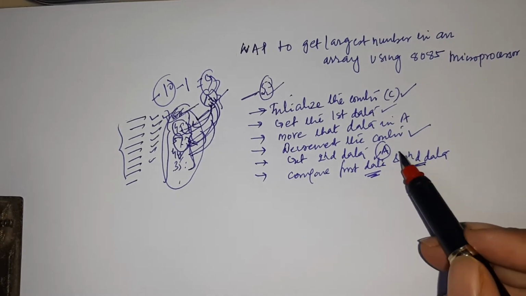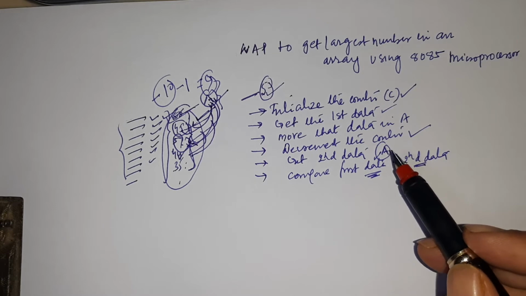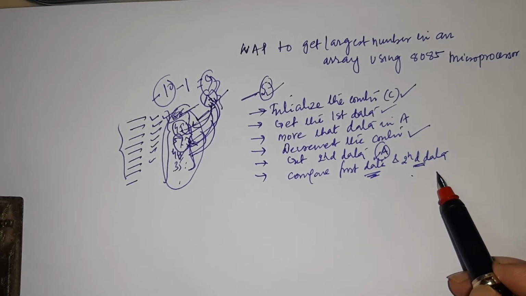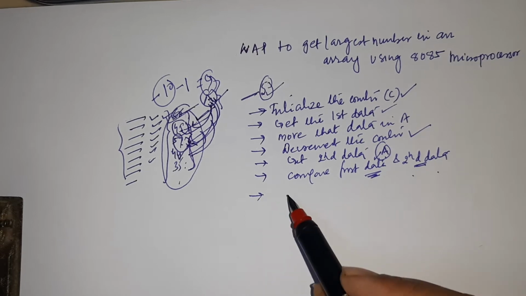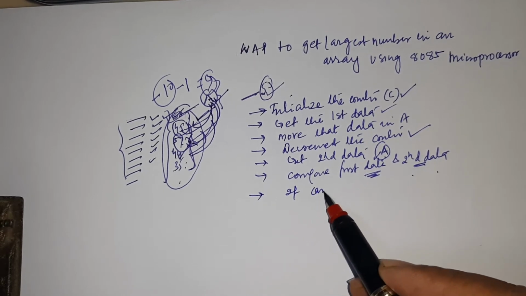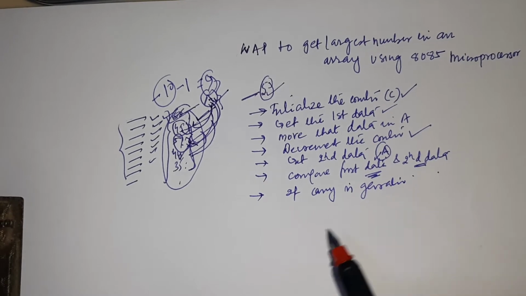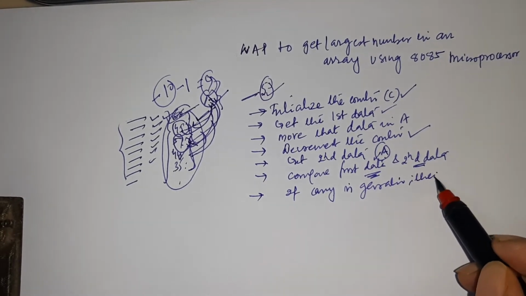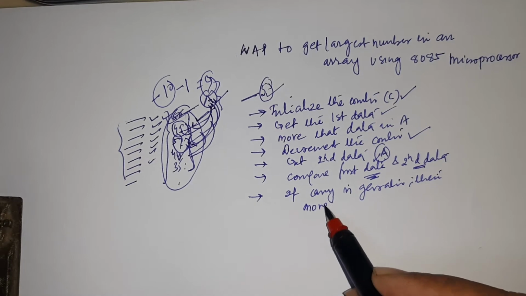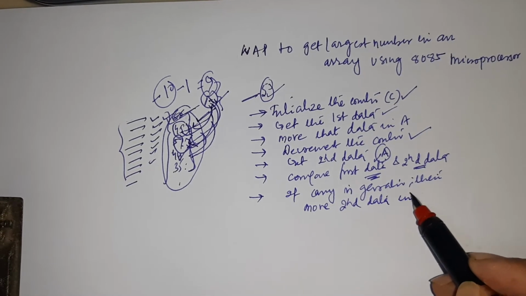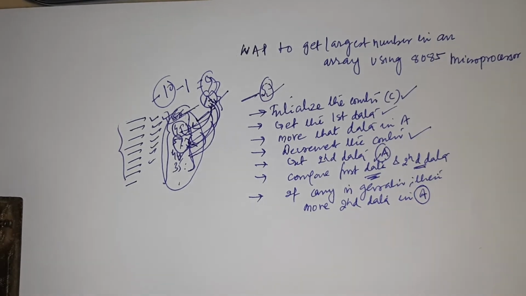Now you have to compare the first data, meaning the accumulator, with the second data. Now let's see, if carry is generated, then move the second data into the accumulator.